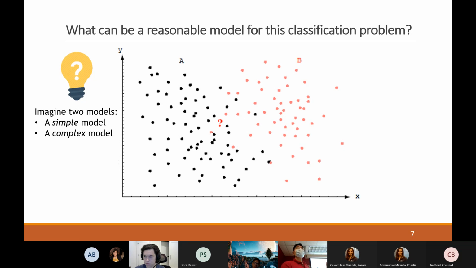No matter how you shift the line, it's always going to make some mistakes. But considering that all of these other points are pretty much correct, accuracy might be close to 90%, right? It's a good model to start with, but maybe there's room to improve.